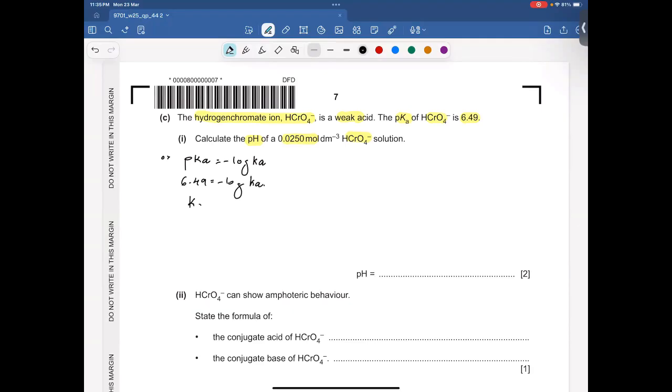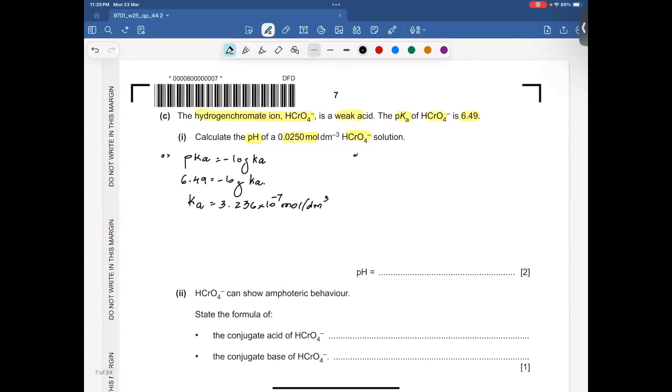So the value of Ka from here is shift log minus 6.49. So it's going to be 3.236 into 10 to the power minus 7 mole per dm cube.